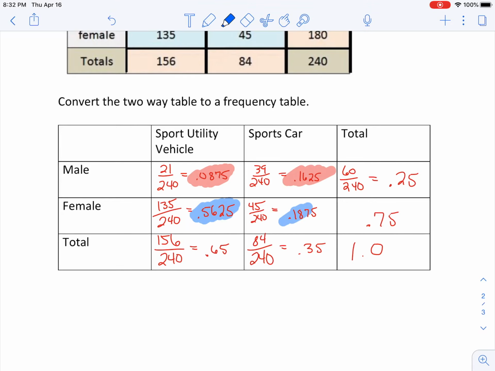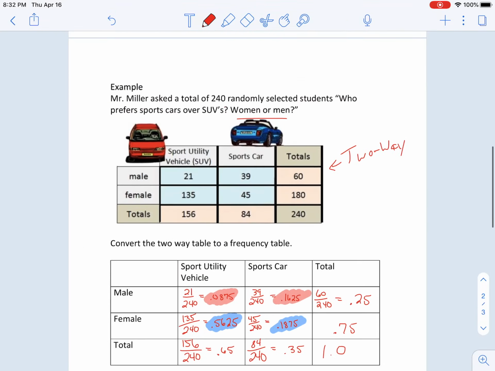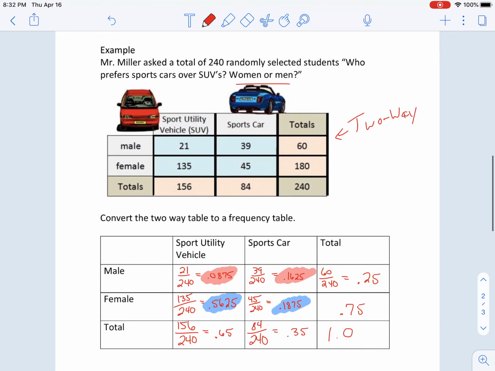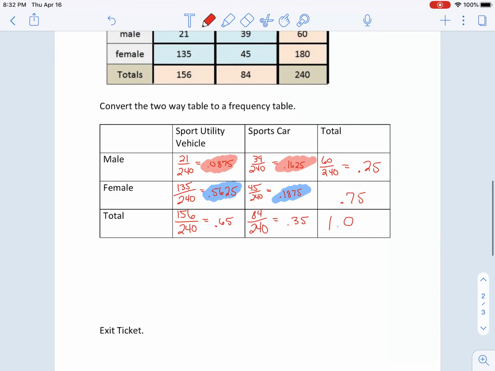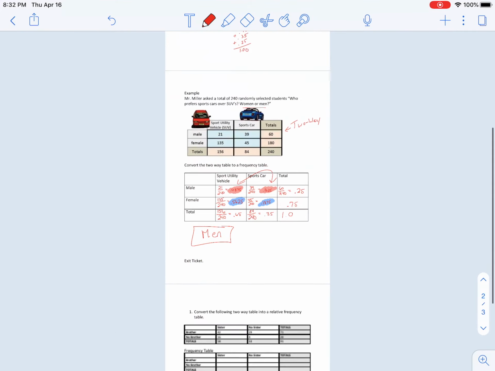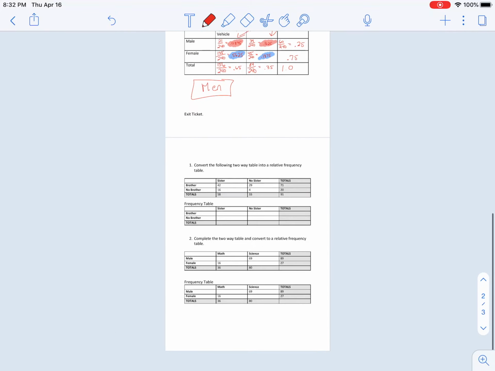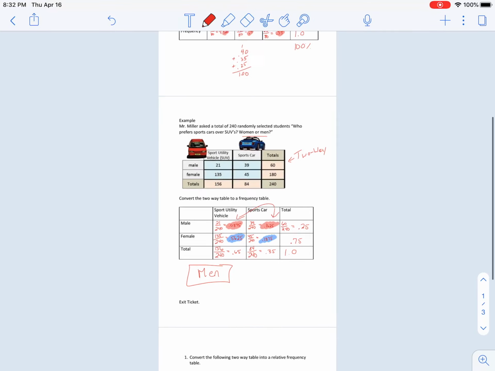Females, 56% prefer SUVs, only 18% prefer sports cars. So to answer the question, which one prefers sports cars over SUVs, that would be men. It's a higher percentage for sports cars than it is for SUVs for them. All right. Do the exit ticket.